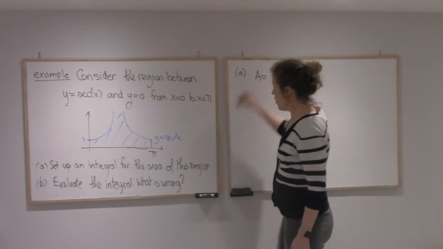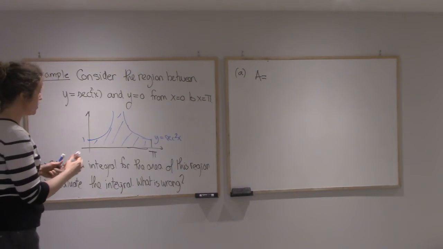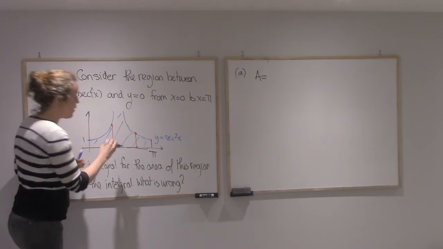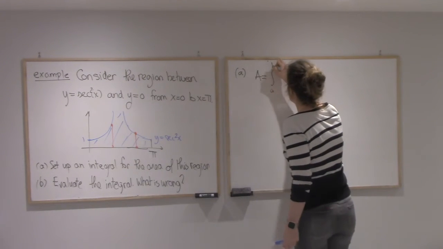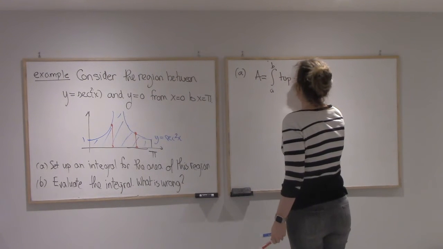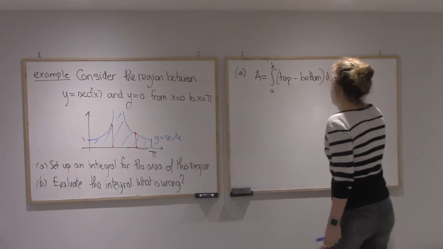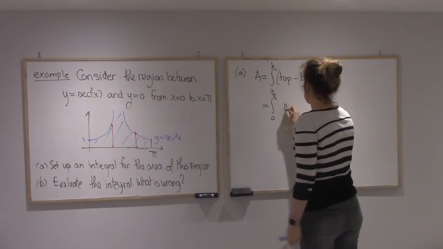Alright, so I'm given y equals a function of x. I'm going to use vertical slicing. Everywhere I look, top will be secant. So from 0 to pi, top is secant squared.